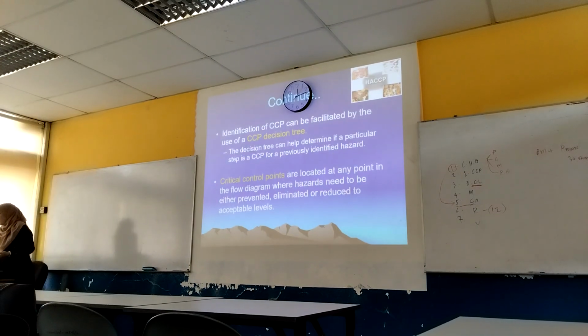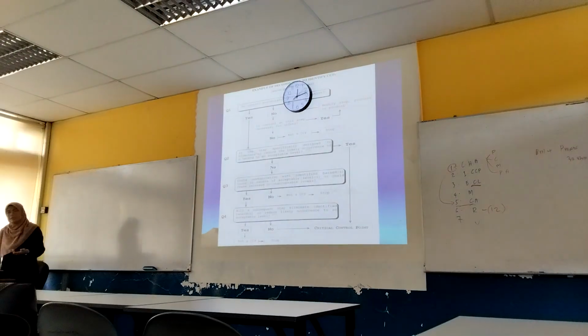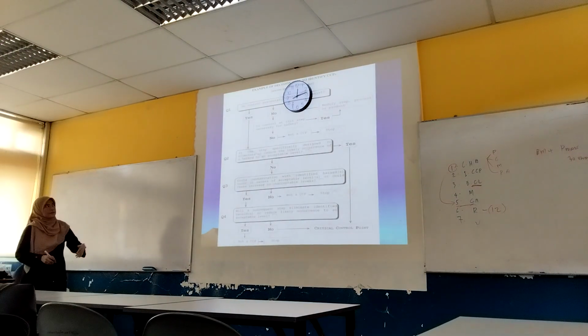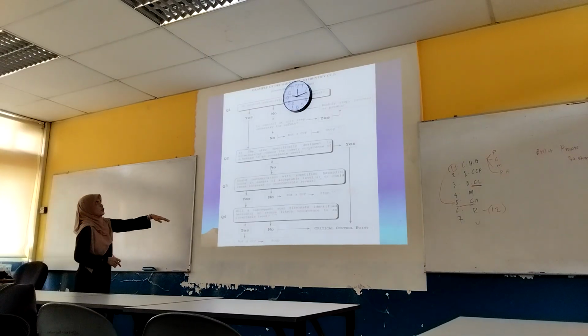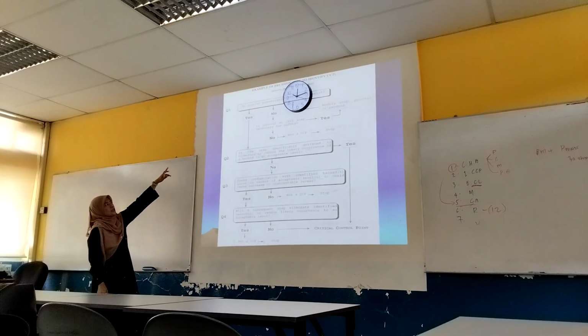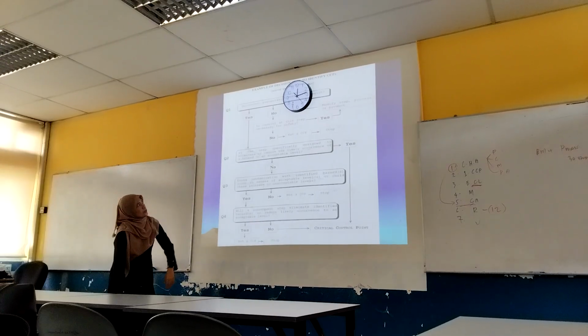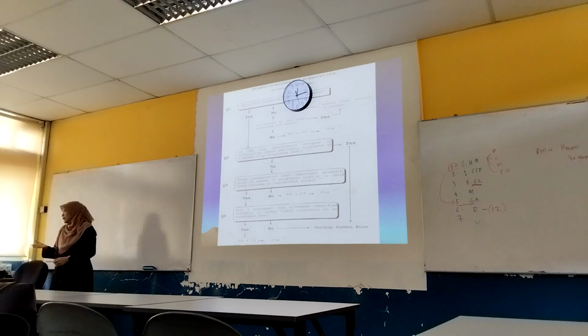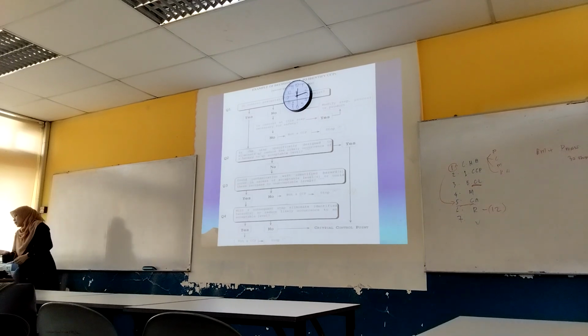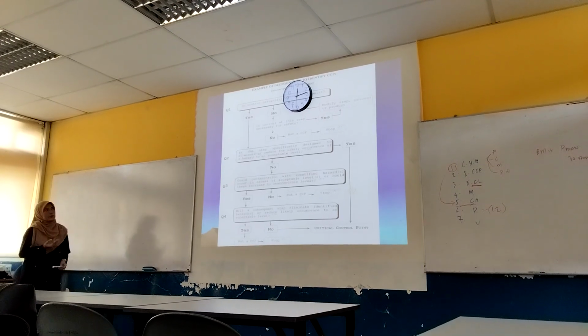Okay, and this is another set of decision questions that we can use, like Q1, Q2, Q3, Q4. For example, number 1, do control preventive measures exist? Is there any preventive measure that we have?